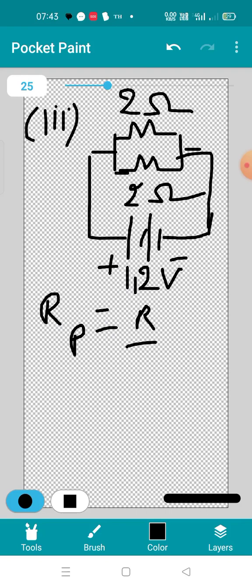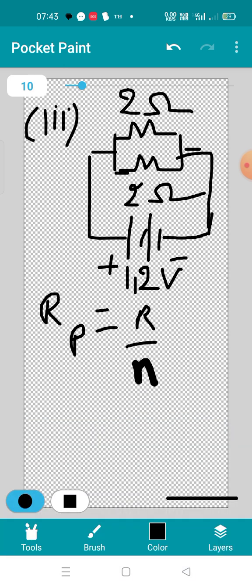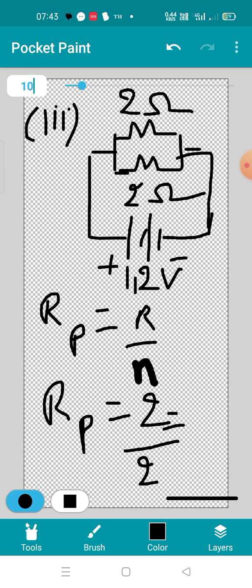So we can use the formula Rp is equal to R by N. Here Rp will be equal to R, the resistance of each resistor, that is 2, and N is the number of resistors. As you can see, there are two resistors connected here. So Rp is equal to 1 ohm.